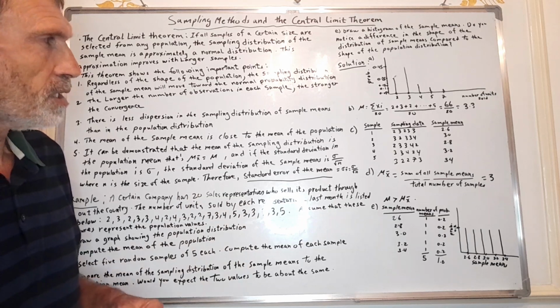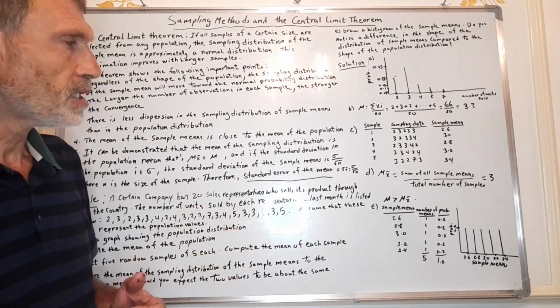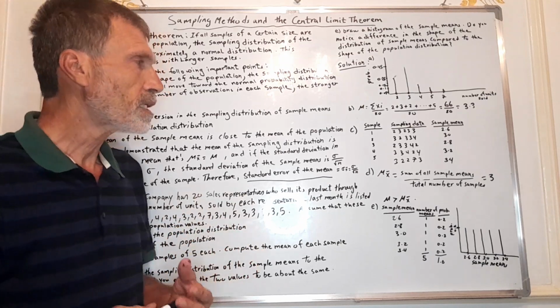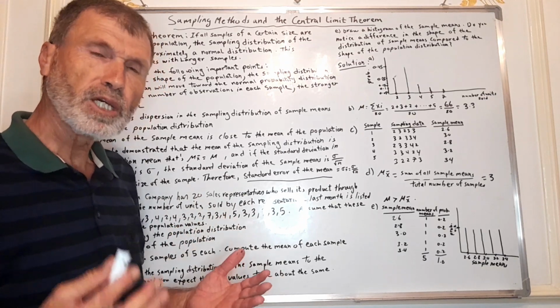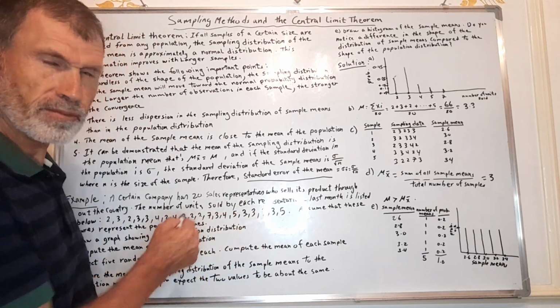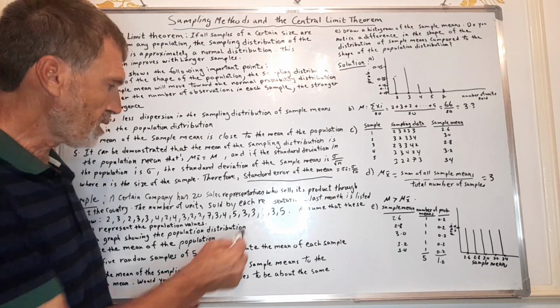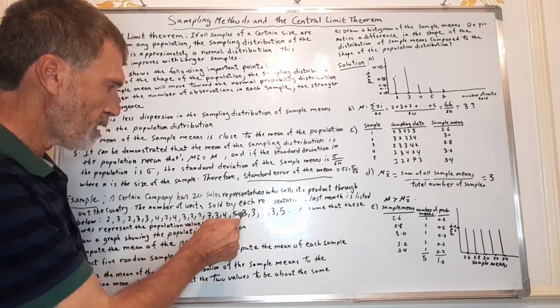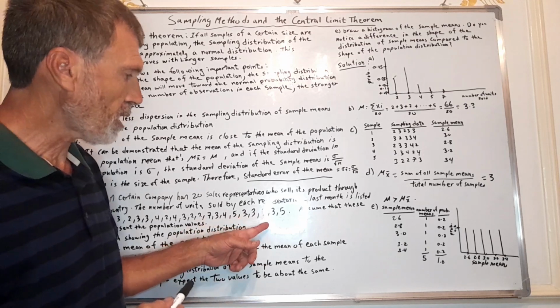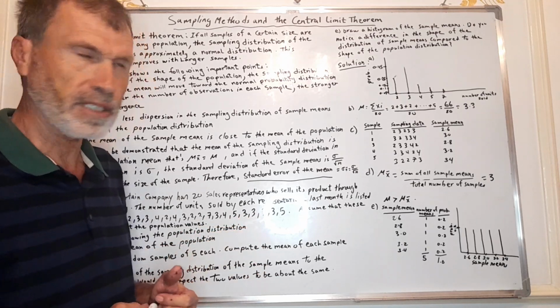You're going to have over 1,000 samples when you use the combination formula to calculate how many samples we can obtain out of these 20 values, if each sample consists of 5 items.